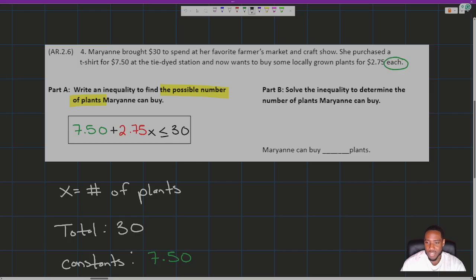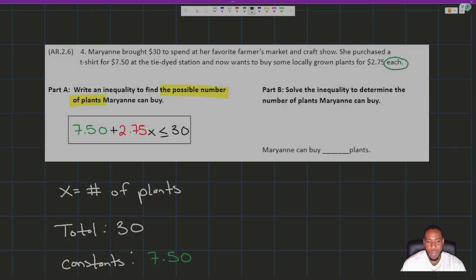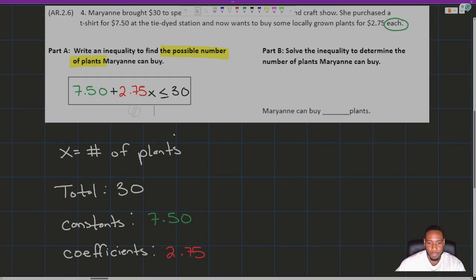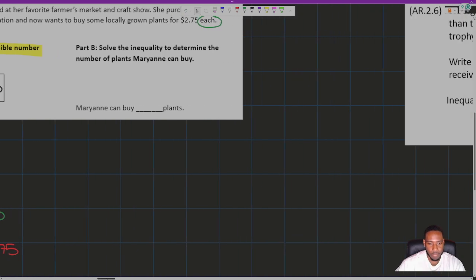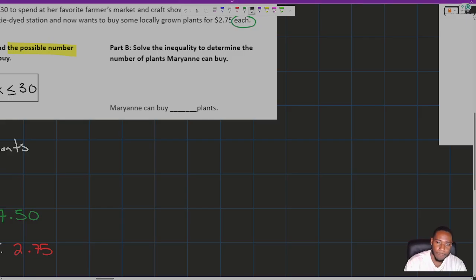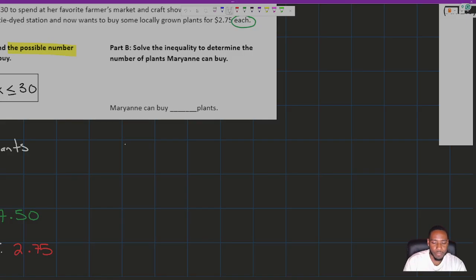Now part B asks us to solve the inequality to tell how many plants she can buy. So we're going to do exactly that. Our inequality said $7.50 plus $2.75x is less than or equal to 30.